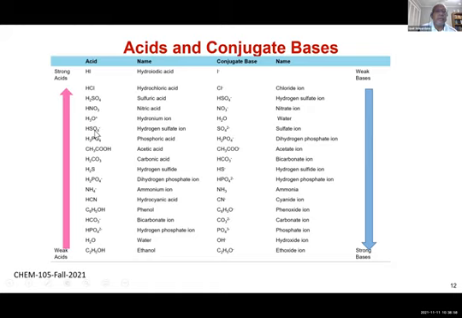There are 4 here; hydrobromic acid is not there. So this is not a complete list of the 6 strong acids. But the ones on top from the previous table, hydronium ion is the acid. After hydronium ion, the other weak acids are conjugate bases.